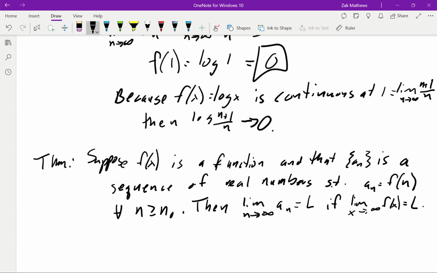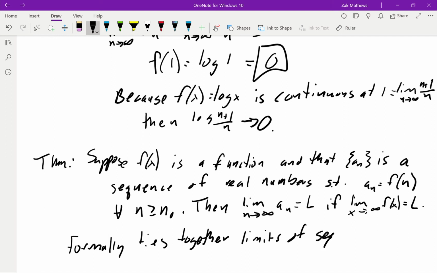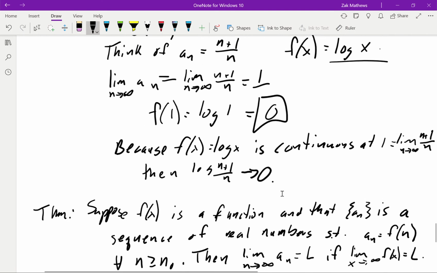This is exactly what I was just talking about. This formally ties together limits of sequences and functions. I just finished stating how if we had seen something like this limit before, we would have had x's in there, but we would know how to find that limit.